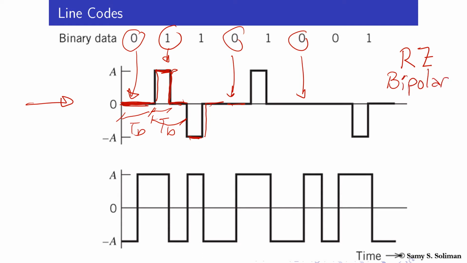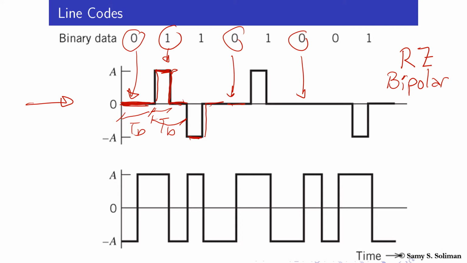More specifically, it's bipolar return to 0 signaling, in which we represent bit 0 with 0 volts, while bit 1 is alternatively represented by positive A and then negative A. So for the first, or the odd ones, we represent them with positive A volts, while for the even ones, we represent them by negative A volts.